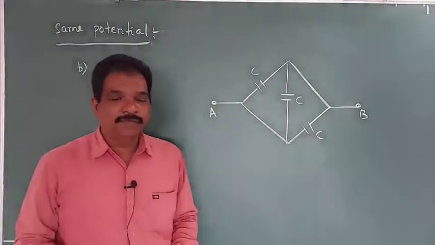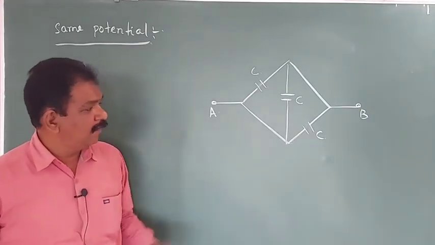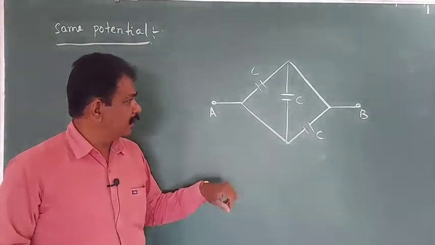One circuit is given like this. What is the effective capacity of this circuit? Clear? What should you do? Let us see.